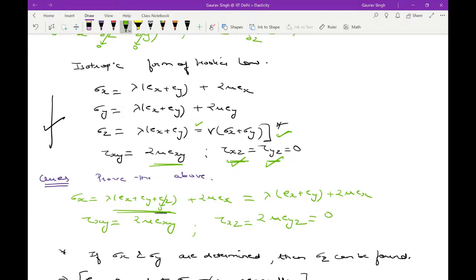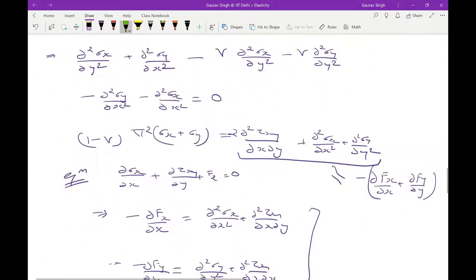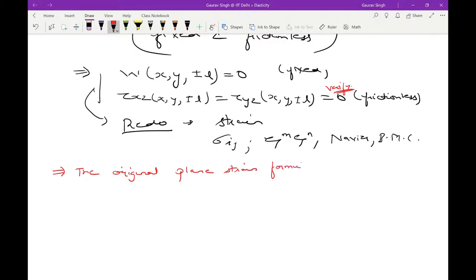So these conditions will be identically satisfied by the original plane strain formulation, and hence this implies that the original plane strain formulation satisfies the finite length problem.